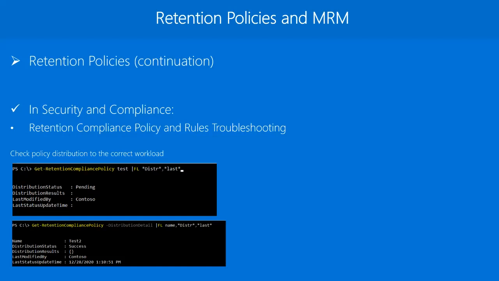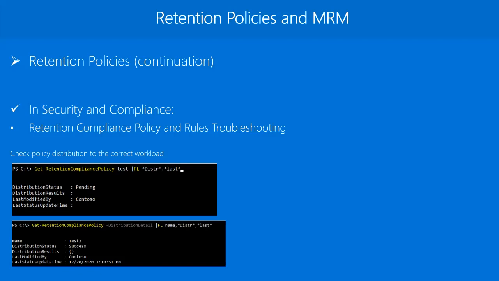In this slide, I have mentioned a few commands which can give you the retention compliance policy detail. Please note these commands are available in compliance PowerShell, not in Exchange PowerShell. So you have to connect your PowerShell to Compliance Center to get these commands. The command is Get-RetentionCompliancePolicy, which will give you the distribution status of that particular policy.